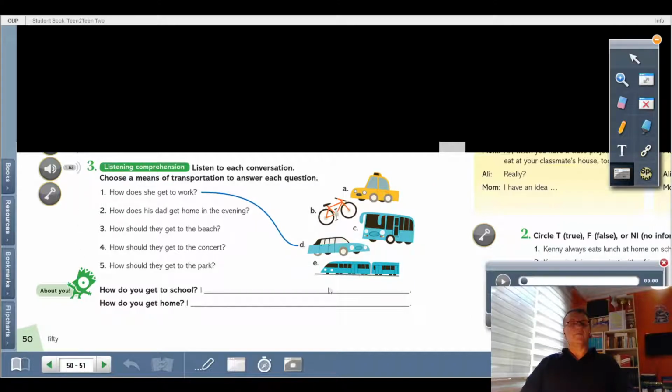Look at here. Unit 7. Page 50. Vocabulary. Exercise 3. Listening comprehension. Listen to each conversation. Choose a means of transportation to answer each question. 1, How do you get to work? I usually drive. You see, she usually 2, drives. How does your dad get home in the evening? He takes a train. 3, Let's go to the beach, okay?